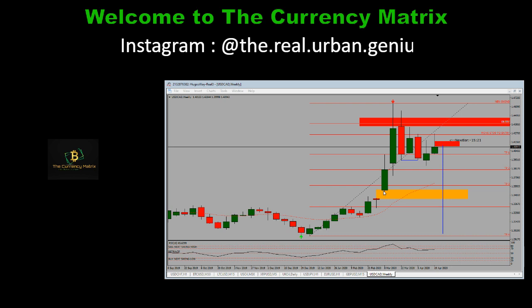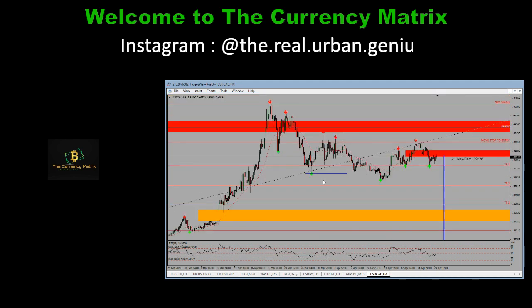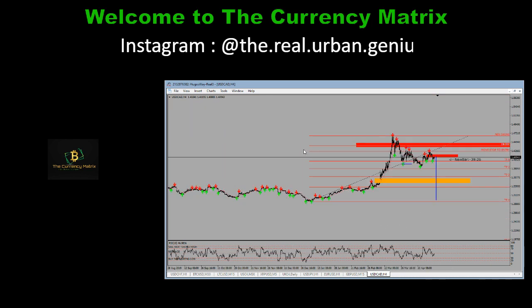All right, now we go to the 4-hour. We can see both of those areas that I highlighted. Let me go ahead to the daily.